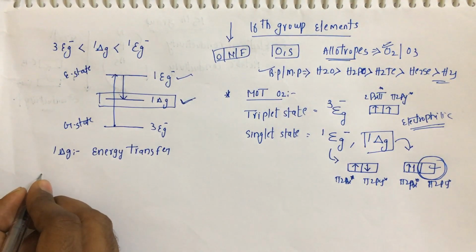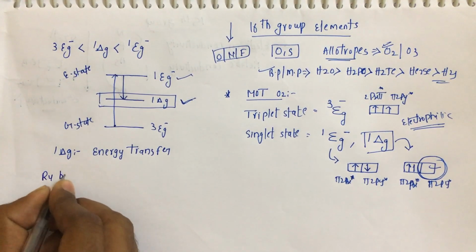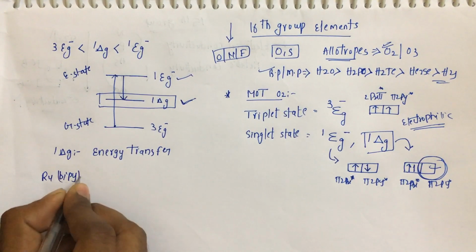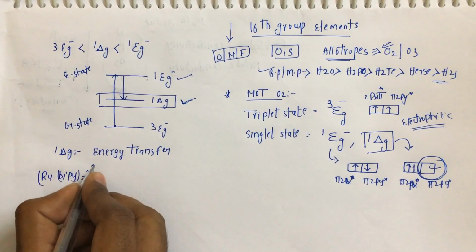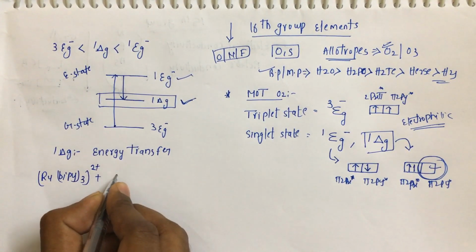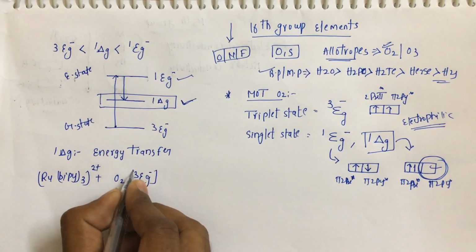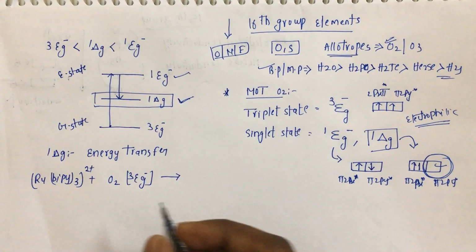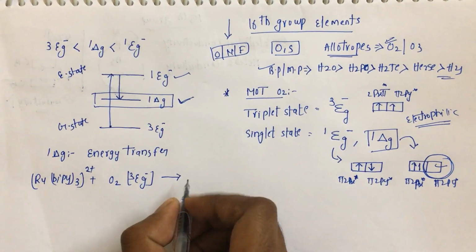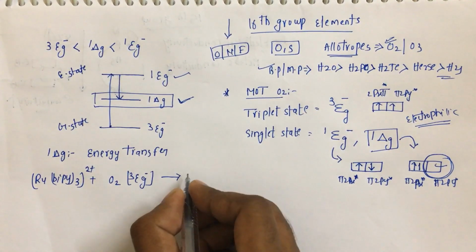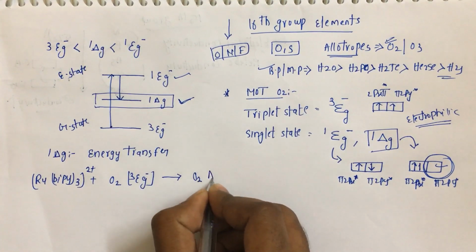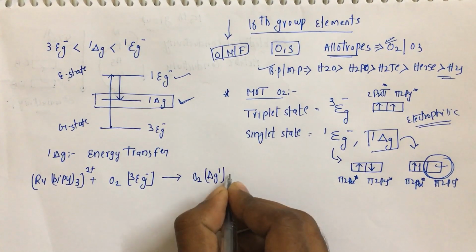Like we can take the ruthenium bipyridine thrice 2+ complex, and treat it with triplet oxygen. Here we can generate a singlet state from a triplet state by the photosensitization method.